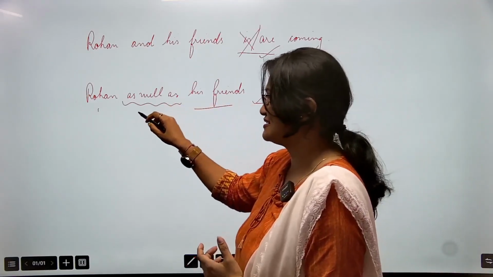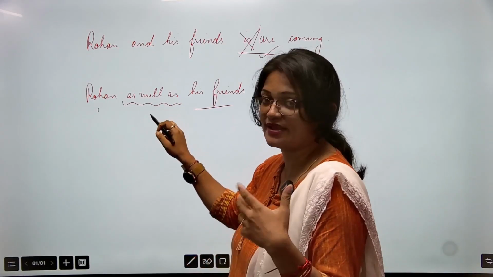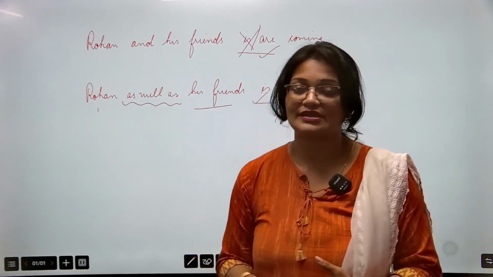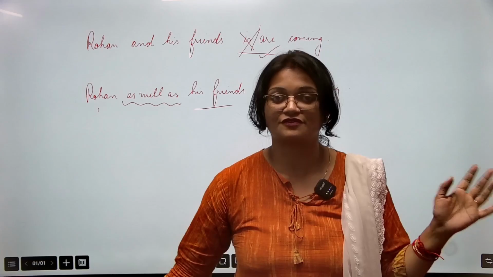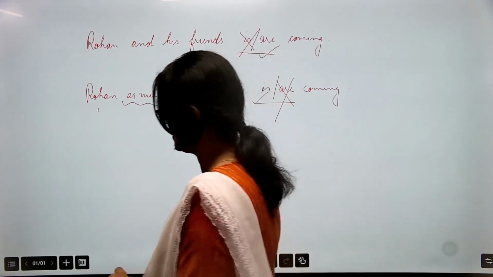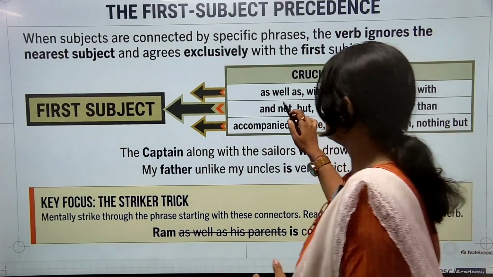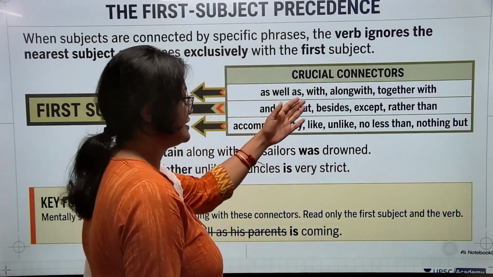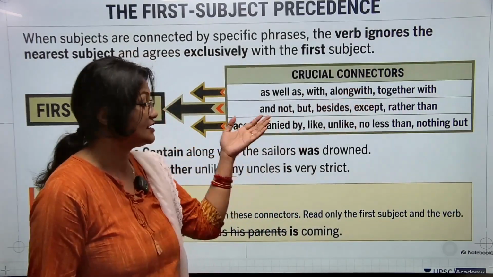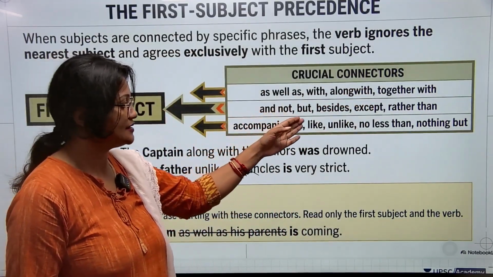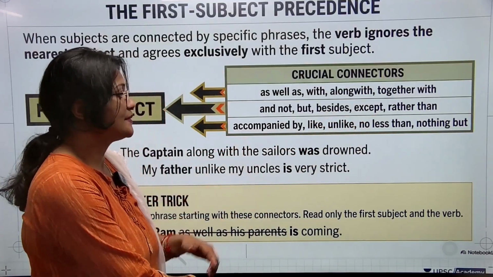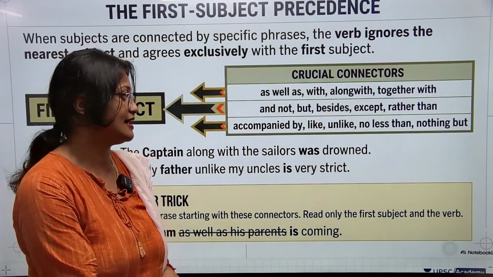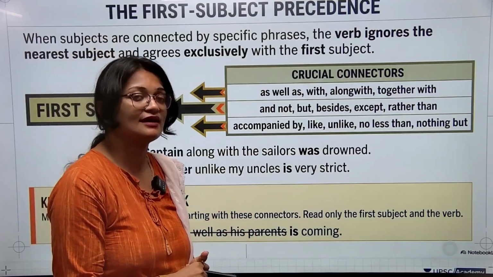So, in this sentence, because we are using as well as, similarly, not only as well as, we have different words, a list of words. Let's check which other words. These are some of the words: as well as, with, along with, together with, and not, but, besides, except, rather than, accompanied by, like, unlike, no less than, nothing but.